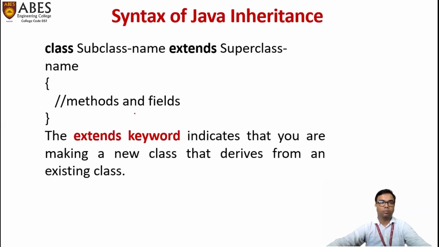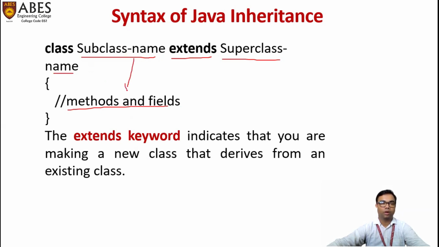So let's see how we can do this. Suppose we have declared a class. This is the name of the subclass, and we are going to extend another class. For that we have the extends keyword in Java. Now you have to mention which class you are going to inherit, so we mention the name of the superclass here. Then you can define your methods and fields for this particular subclass.